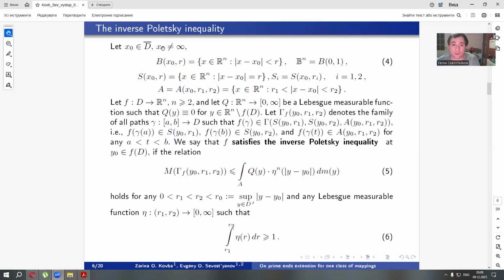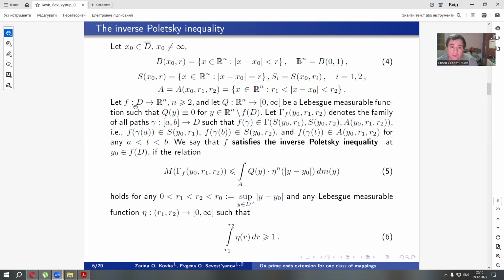And by B(x_0,r), B^n, S(x_0,r) and A(x_0,r_1,r_2), we mean the ball, unit ball, the sphere, and the annulus at the corresponding center with corresponding radii, respectively.